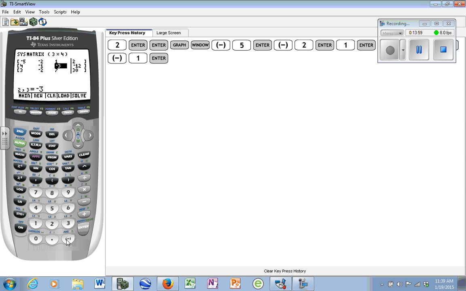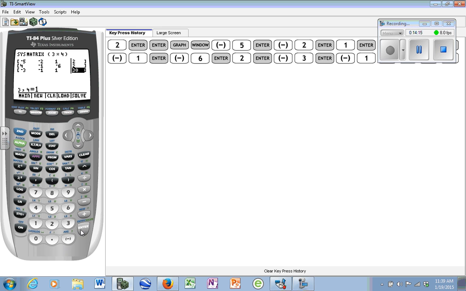And our constant is 2. Third row, -3, -1, and 1. That equals 1. And I got all the numbers in there, and I say solve, and this time it's kind of confused.